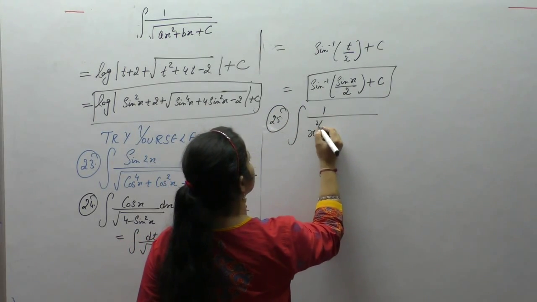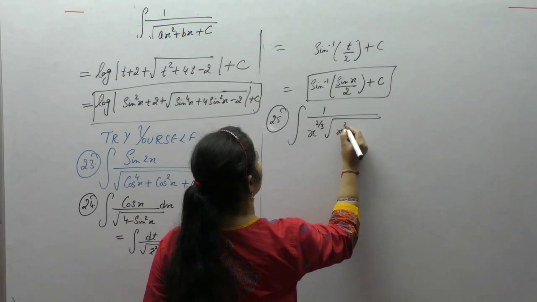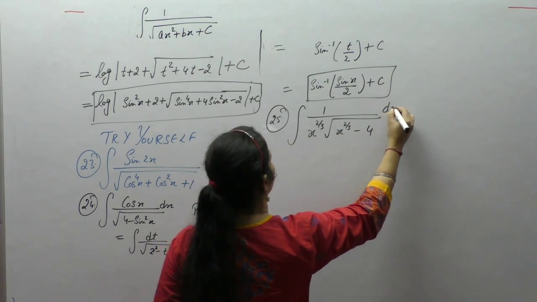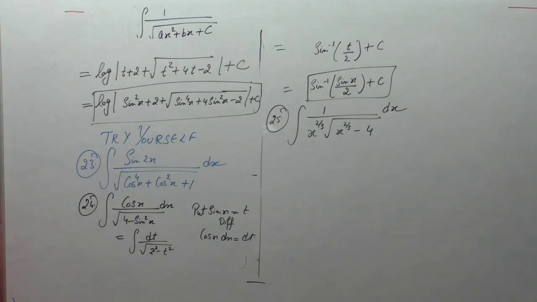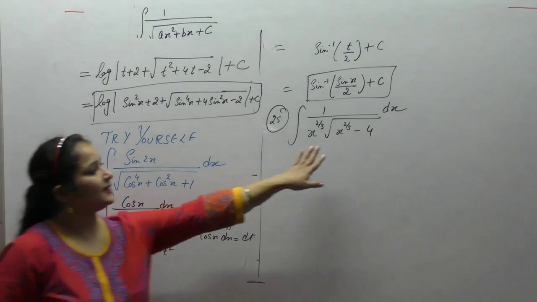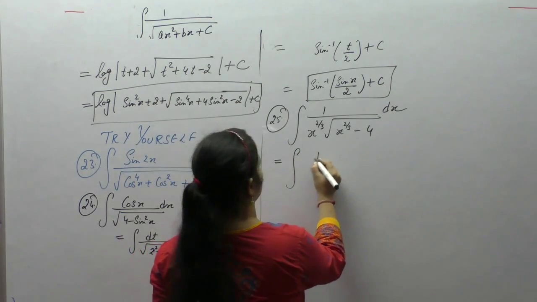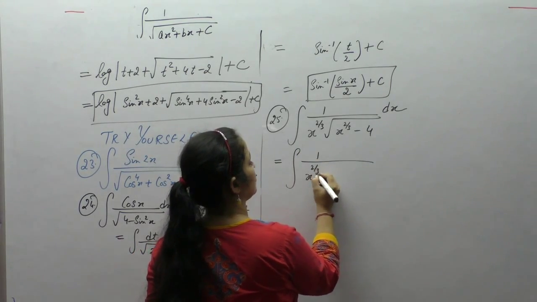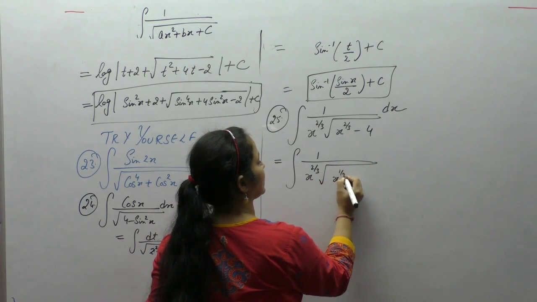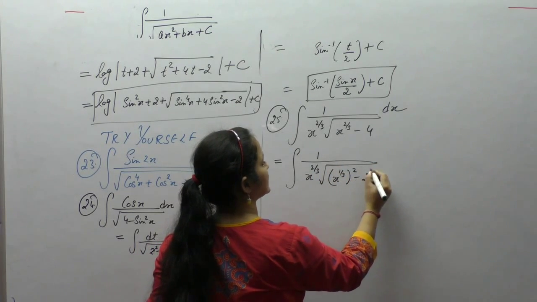Next is the integral of 1 upon x power 2 by 3 square root of x power 2 by 3 minus 4 dx. Now we can write x power 2 by 3 as x power 1 by 3 whole square.